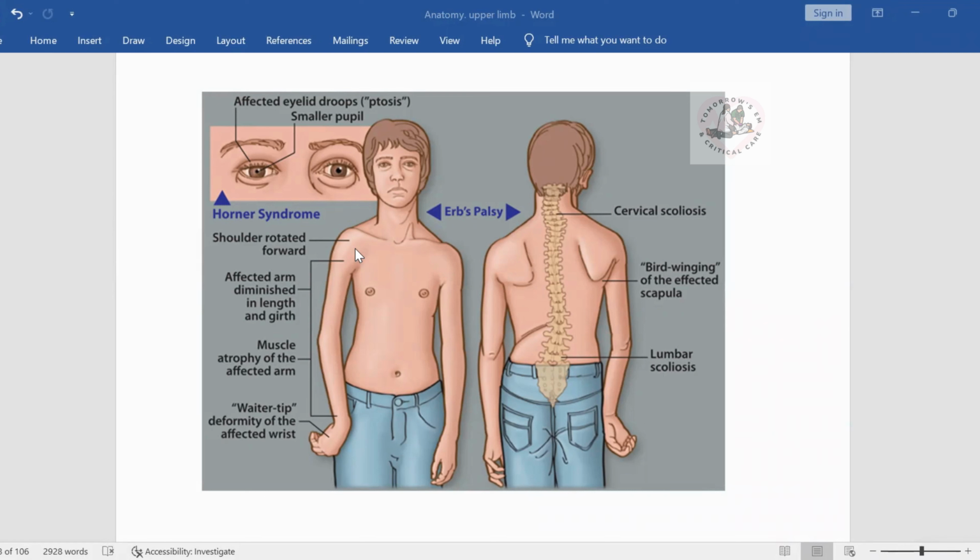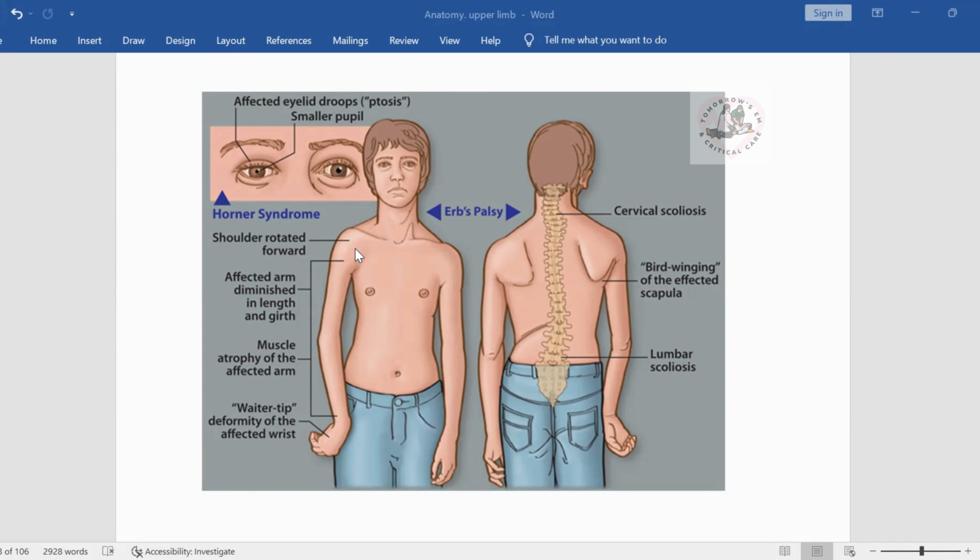Why? I have already told three muscles will be involved. Why did the shoulder become atrophied in comparison with the normal arm? What's the reason behind that? Because of involvement of these three muscles, right? Deltoid atrophy, biceps, brachialis and coracobrachialis involved. So there will be gross muscle wasting. Okay, fine.